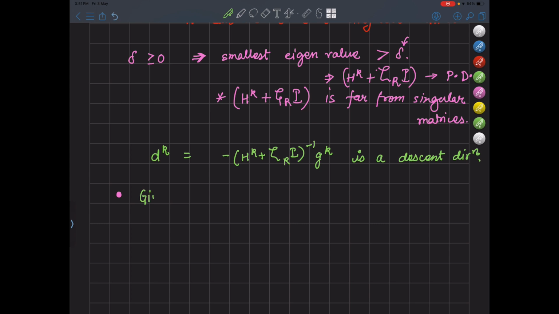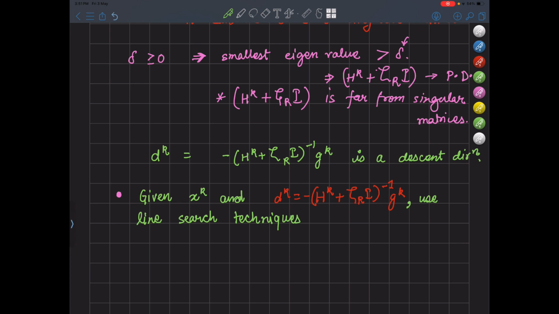So given xk and dk given by minus Hk plus xi I inverse gk, use line search techniques to determine alpha k and xk plus 1.